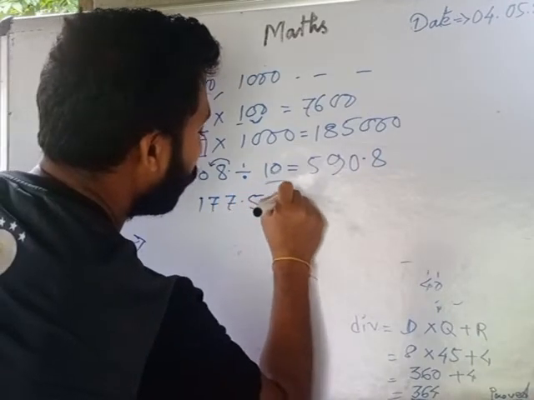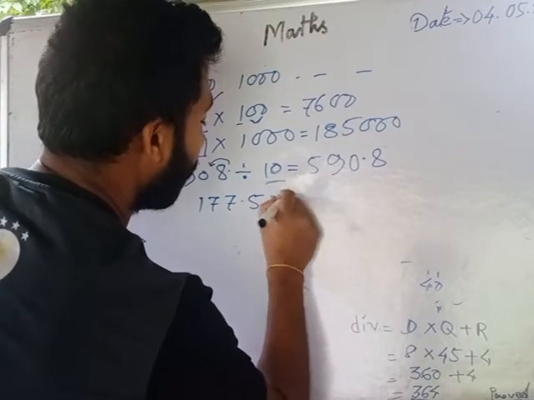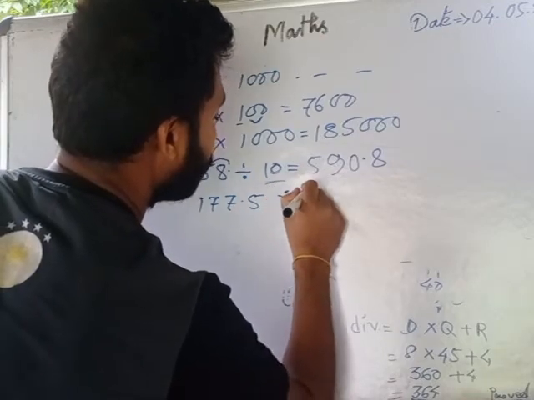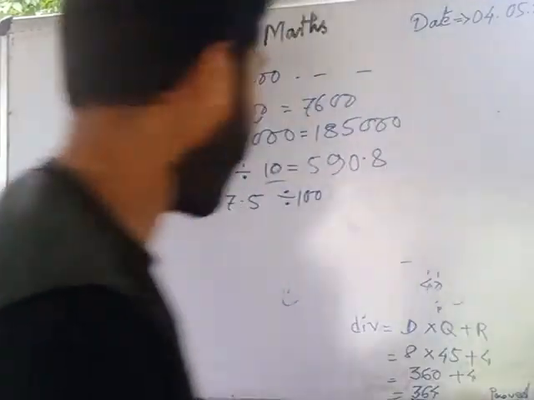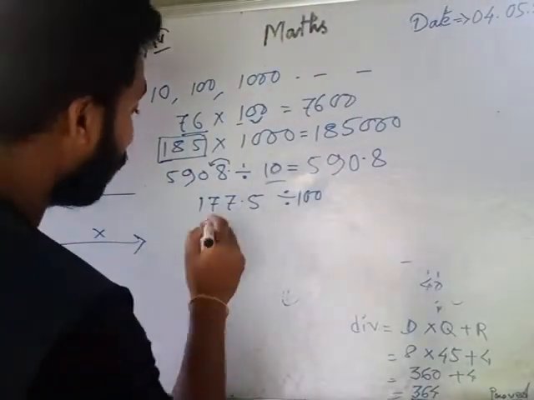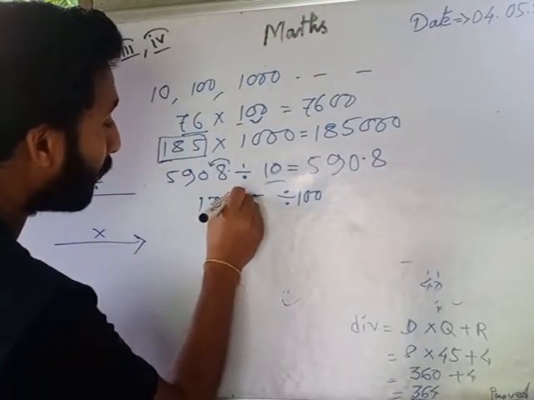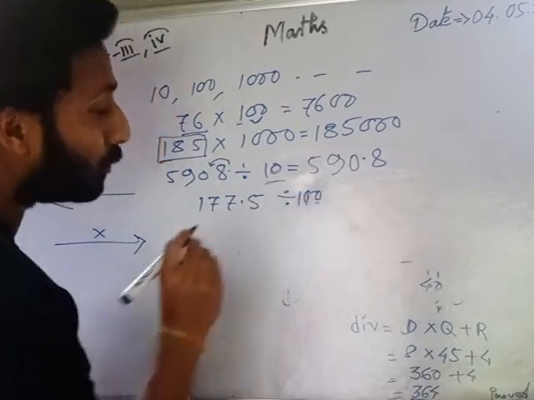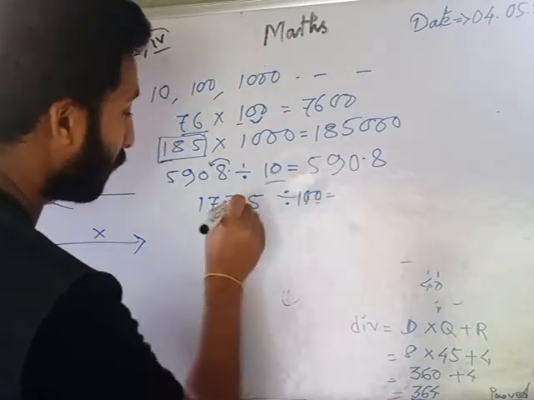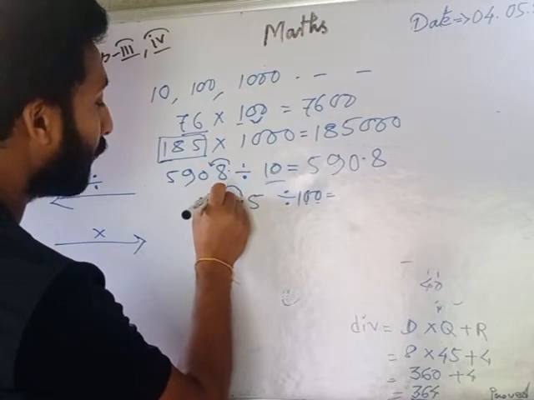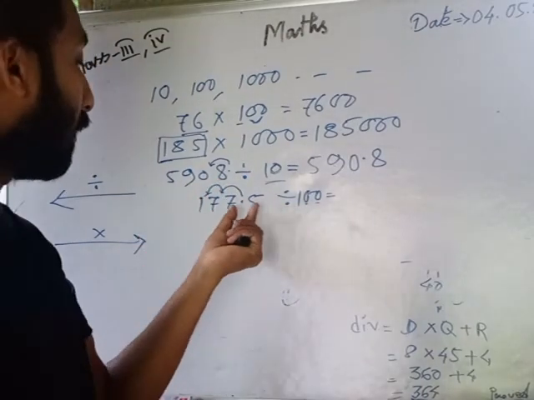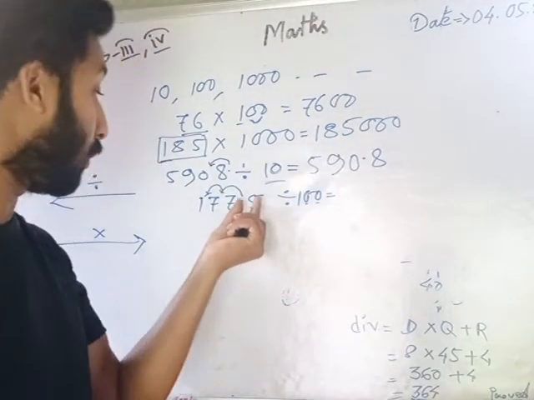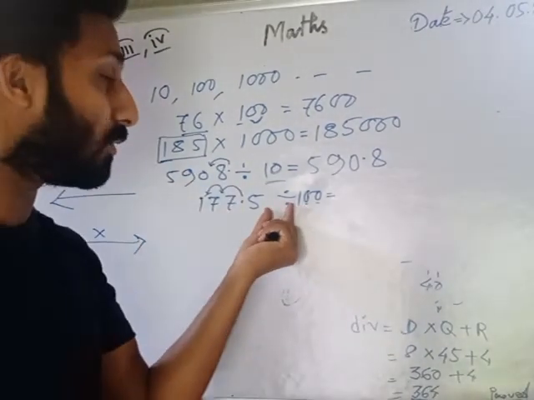Suppose it is 177.5. If we divide by 100, at that time the point goes back 2 digits because there are 2 zeros. 1 digit back and 1 digit back, 2 digits back. Why is it back? The point goes back because it is division.